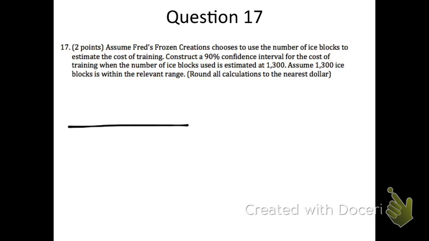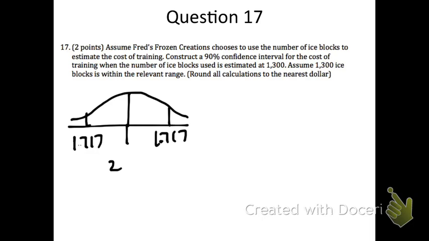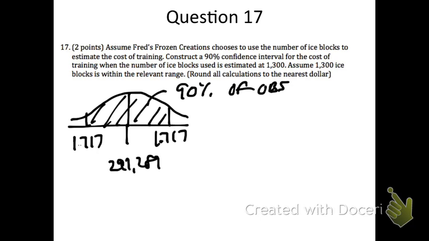And so what that means is I go 1.717 standard errors away from this estimate, the 297,289. This includes 90% of the observations, including the actual cost.